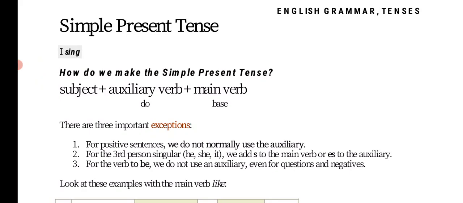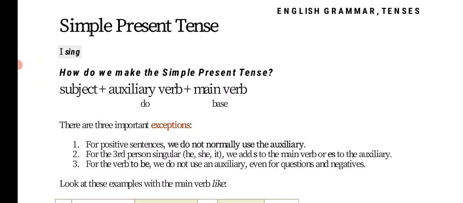Before we proceed and study what tenses are, let's find out the meaning of this particular word, tense. When we speak or when we write, we usually indicate a situation.